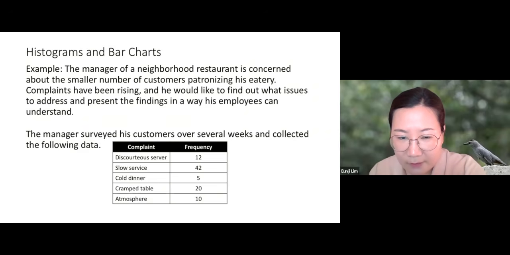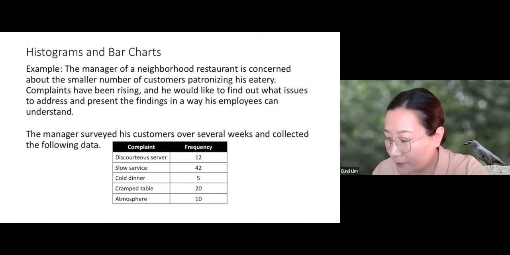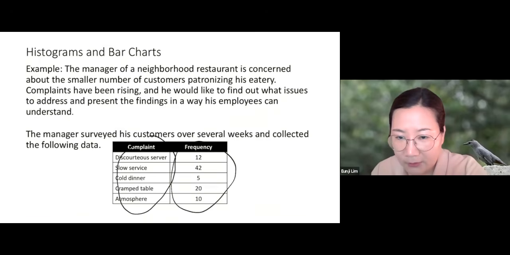The manager surveyed his customers over several weeks and collected the following data. On the first column, he listed all the complaints, and in the second column, he counted how many times he received complaints in each of these categories.